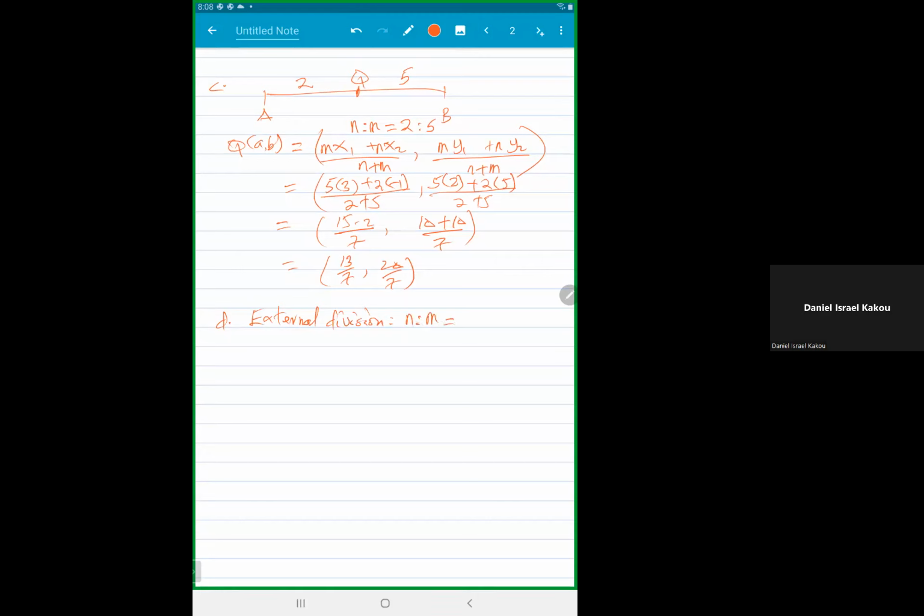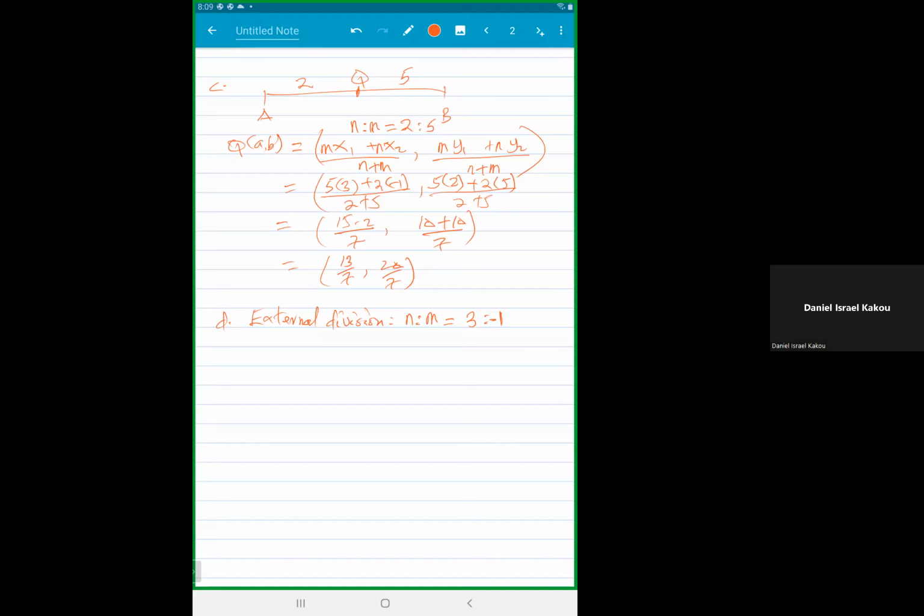So assuming I'm calling it N:M, according to the question, the ratio we were given is 3:1. So the question said 3:1 externally, but because I know it is external division and I have to negate one of them, and that one has to be the smallest, I will have to negate the 1. So the actual division is 3:-1.